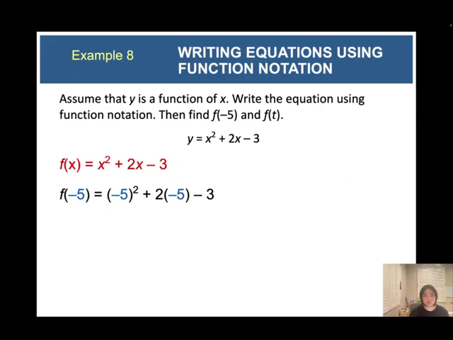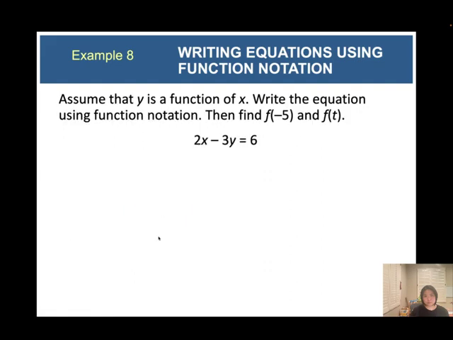Simplify it, you're going to get 12. And then another one, plug in f of t here. So x equal to t. So that would be your final answer: t squared plus 2t minus 3. Okay, try the last example.